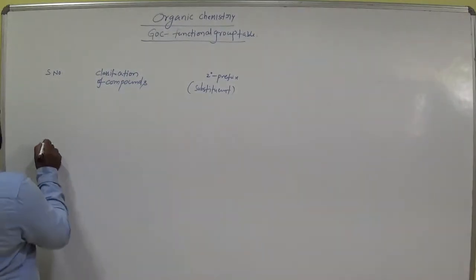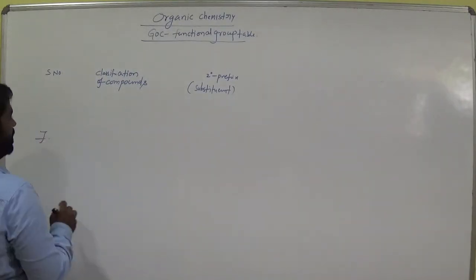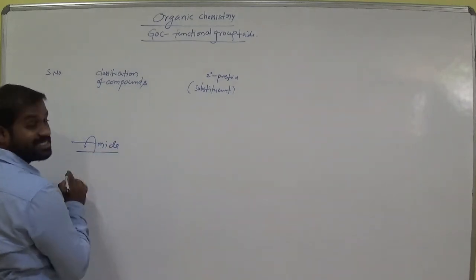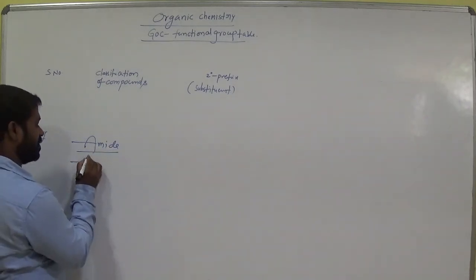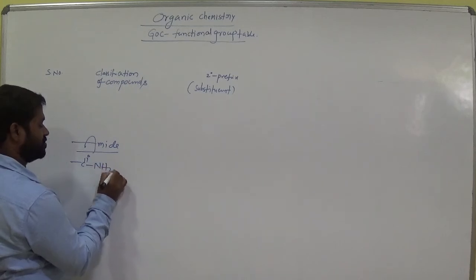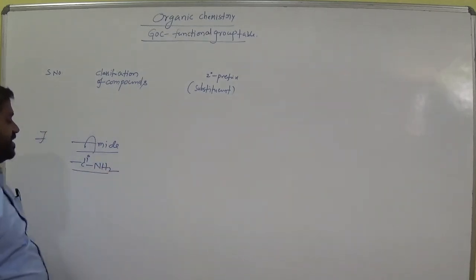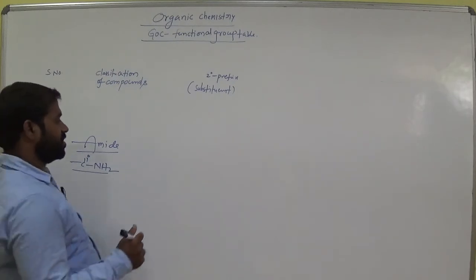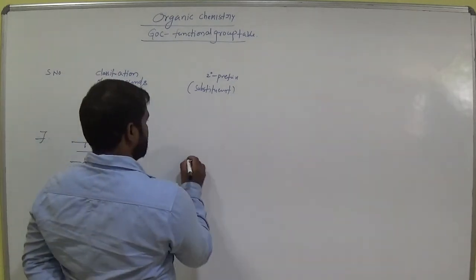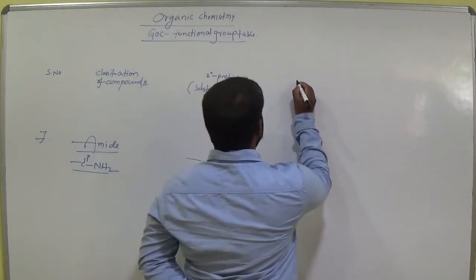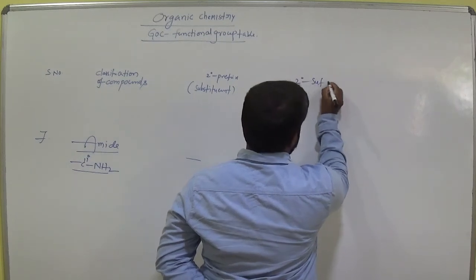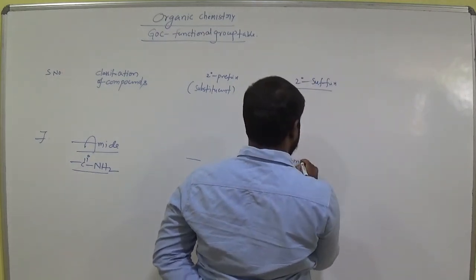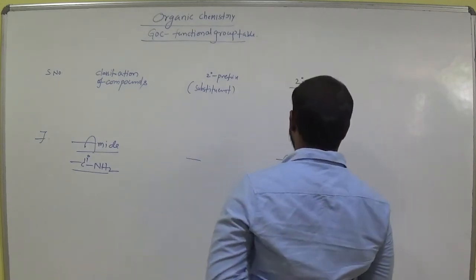And next one is amide. The structure is bond C double bond O NH2. CO NH2 group is there. Okay. So let's see. Here mostly we use secondary suffix as main functional group. So in this case we write amide as main functional group.